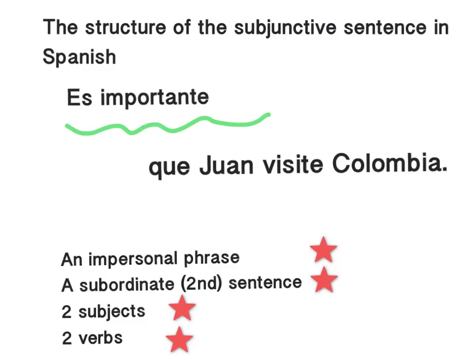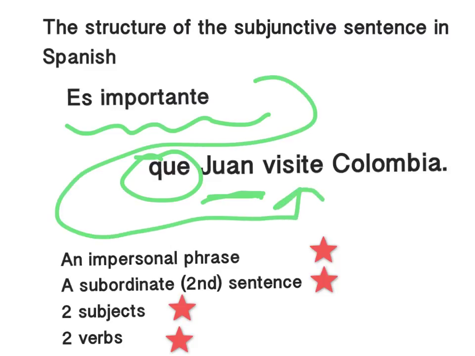Now, this impersonal phrase is also the subjunctive trigger in this sentence. The second sentence is the subordinate clause or the subordinate sentence, and it begins with que. It has another subject, and because we have the impersonal phrase es importante, which also happens to be a subjunctive trigger, we're going to conjugate visitar in the subjunctive, okay?